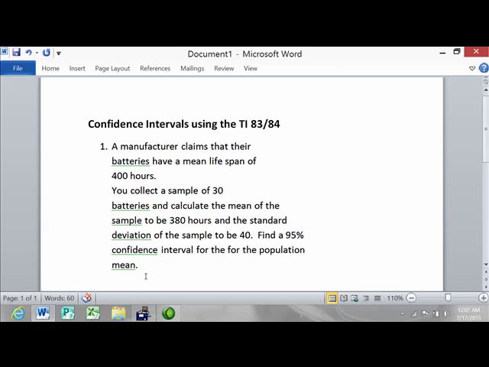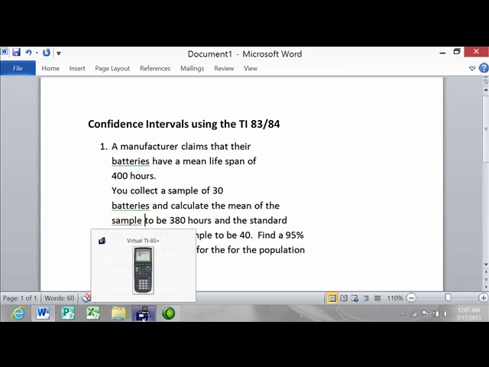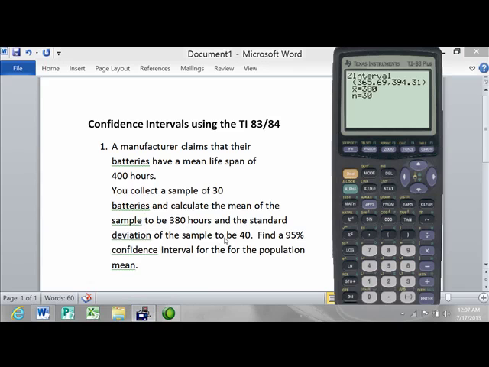Find a 95% confidence interval for the mean. So if you had a sample, you would certainly be able to calculate the standard deviation. And this is a more realistic scenario where you have the sample mean, you have the sample standard deviation, and you have no idea about what's going on in the population. And we'll talk about this claim in a minute.